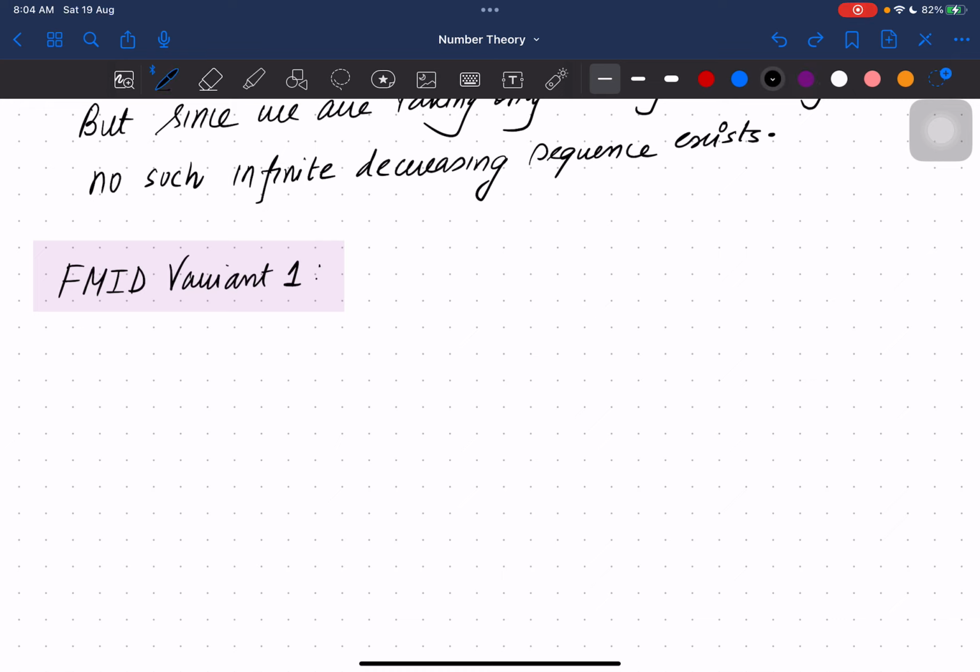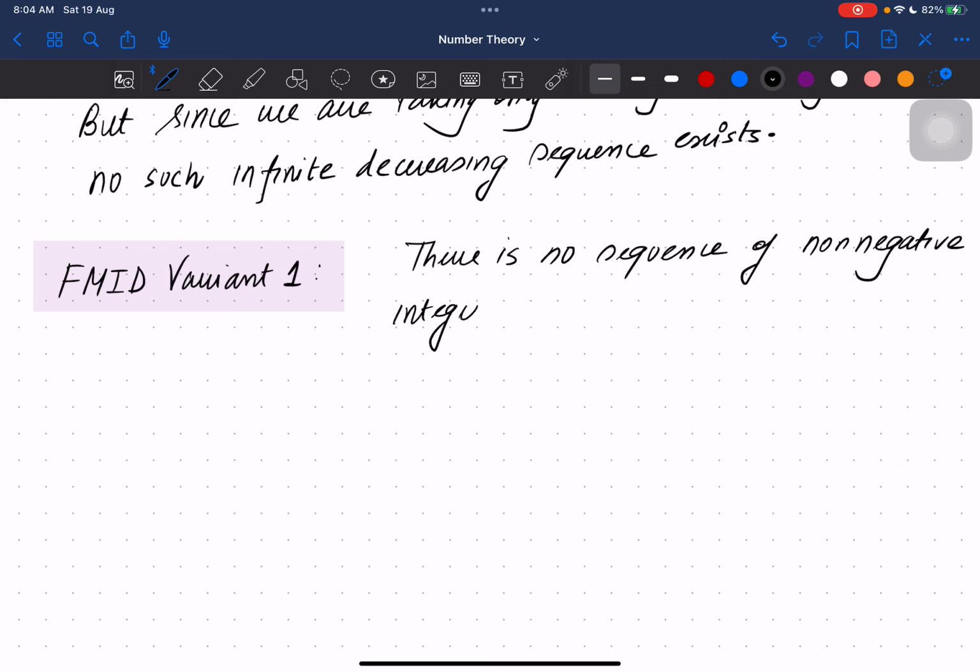So what is it saying? There is no sequence of non-negative integers n1 greater than n2 and so on, this decreasing one.